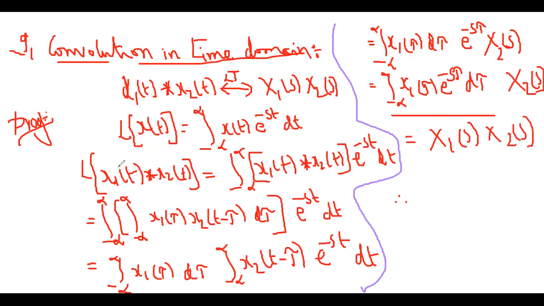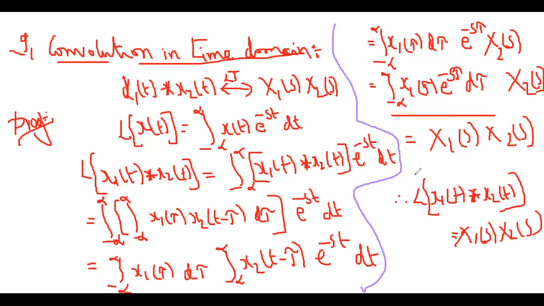Therefore, the Laplace transformation of x1 of t convolved with x2 of t is equal to x1 of s into x2 of s. What does it mean? Convolution in the time domain is product in the frequency domain.